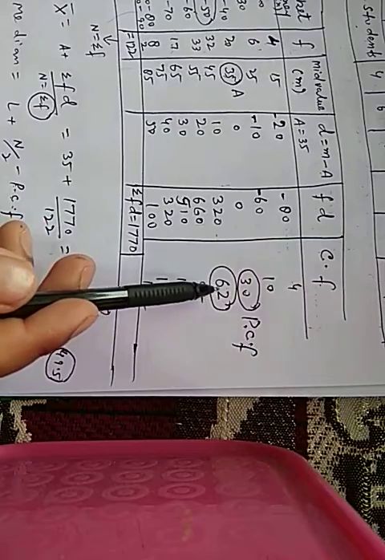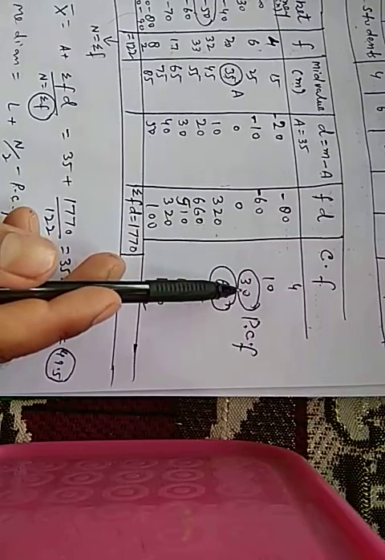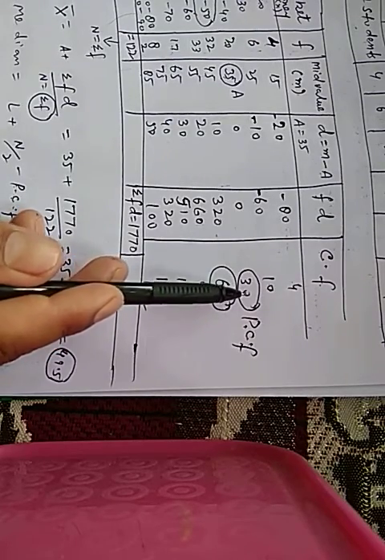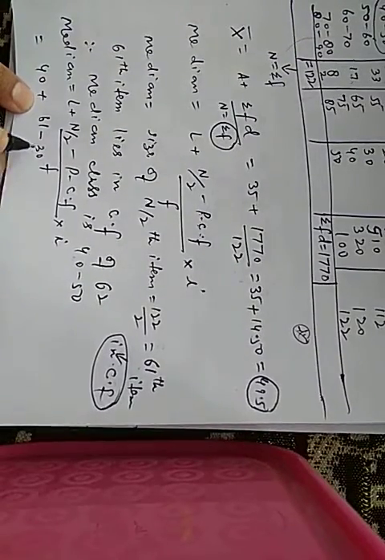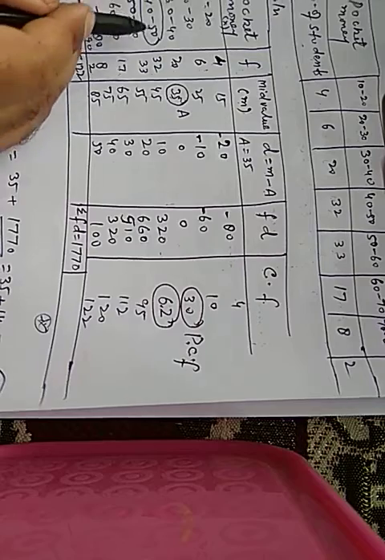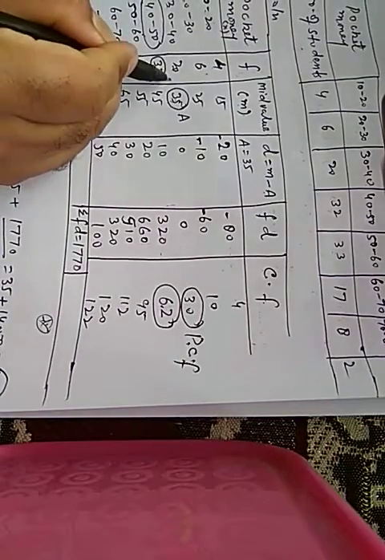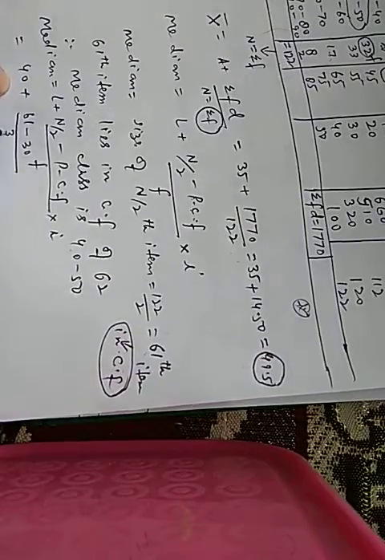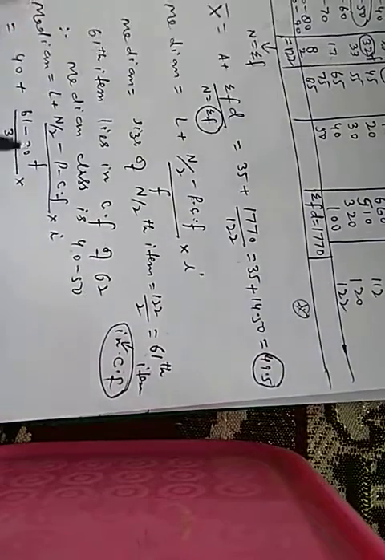This is the cumulative frequency before the median class, divided by the frequency of the median class. The frequency of the median class is 32, divided by 32, multiplied by the size of class interval.